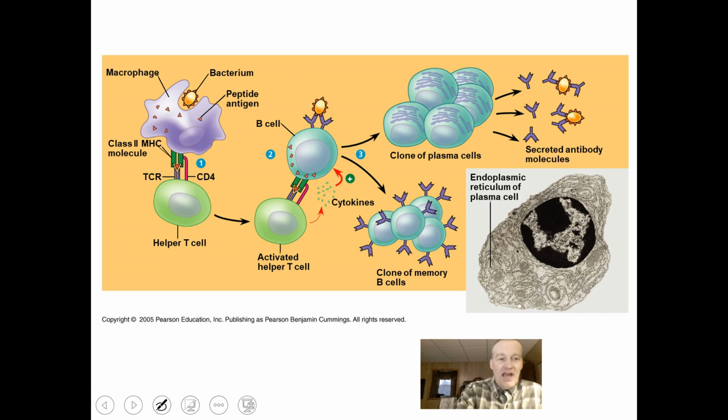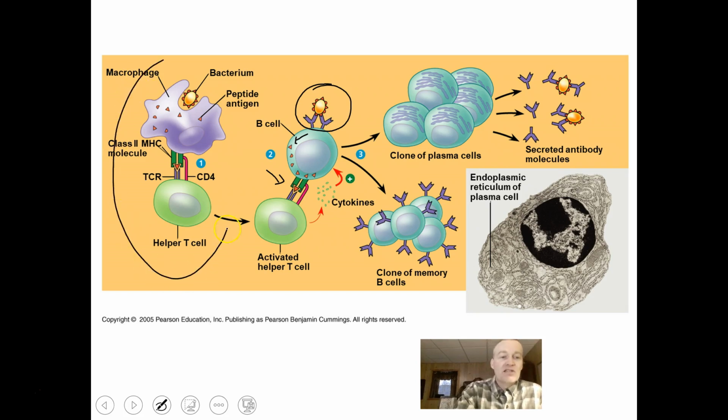So one last graphic, just to show you one more time. The B cell has to join with and display the antigen that it is specific for. So those antibodies on that B cell have to be bound to the bacterium or virus or whatever it's bound to. It has to display it on its MHC 2 protein complexes.